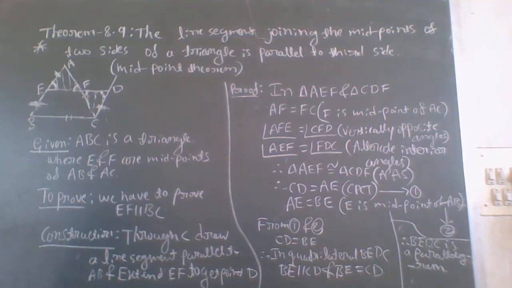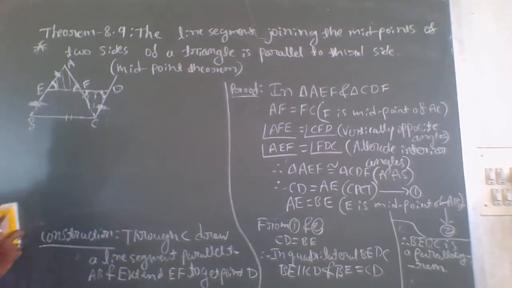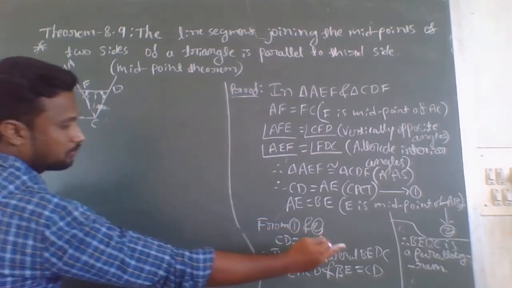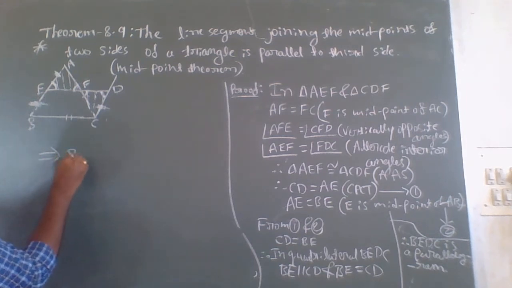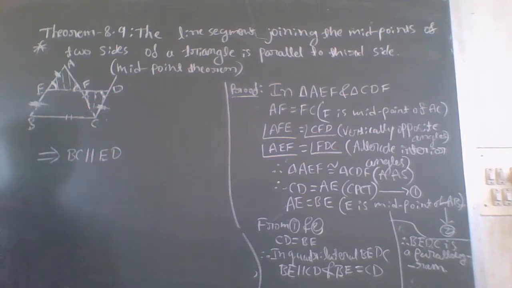So now what have they given? BEDC is a parallelogram, but here we have to show these two are parallel. If BEDC is a parallelogram, then next step we can write BC is parallel to ED. BC is parallel to ED.